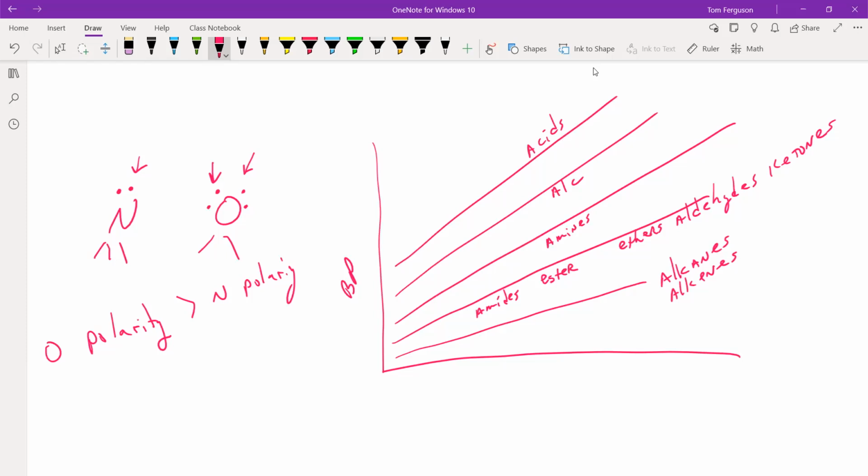So acids are the king in terms of, now this is not an ester now, it's an acid. So it's got a COOH. And then up here, and one more, would be something ionic, like the salts of acids.